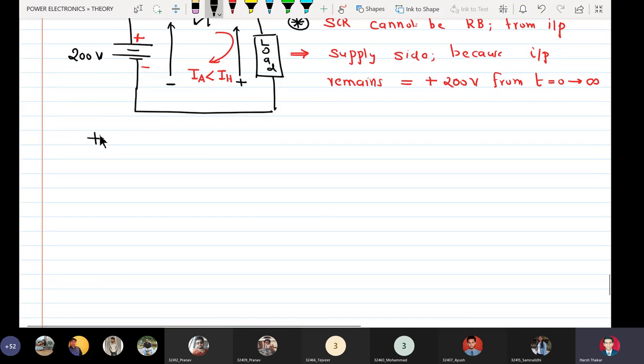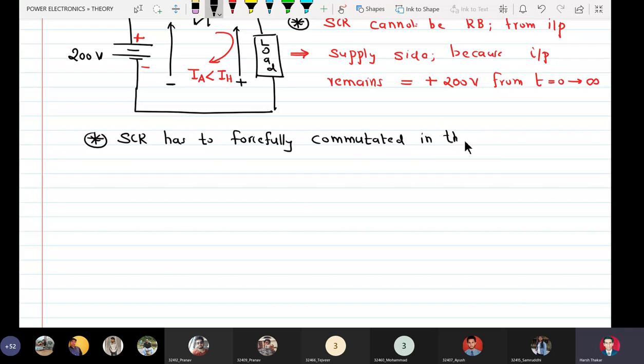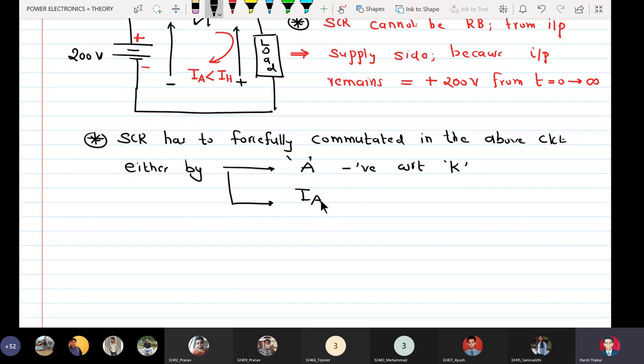So that is why SCR has to be forcefully commutated in the above circuit, either by making anode negative with respect to cathode, or else having the anode current fall below holding current value.